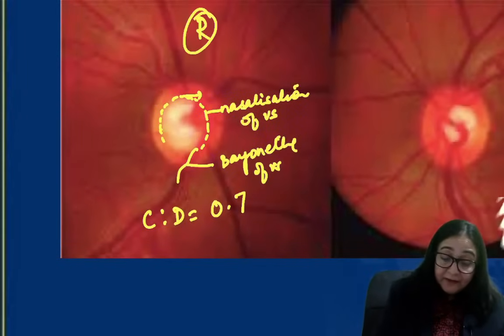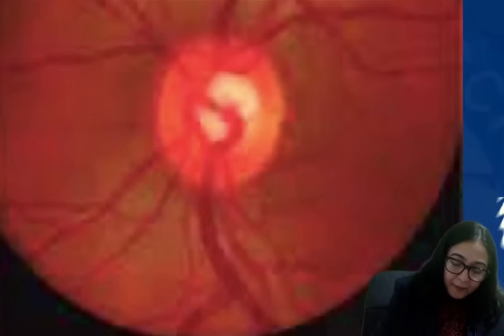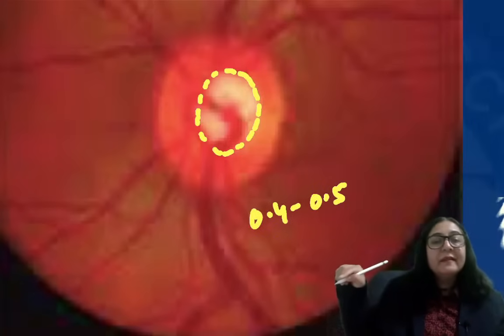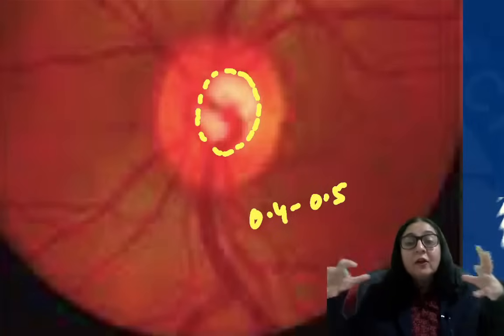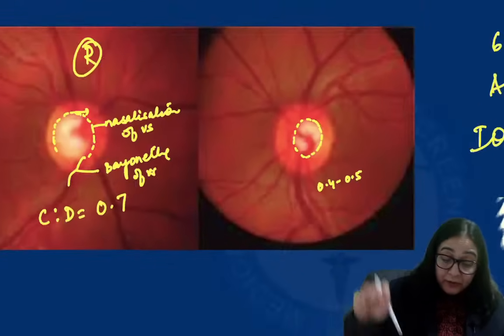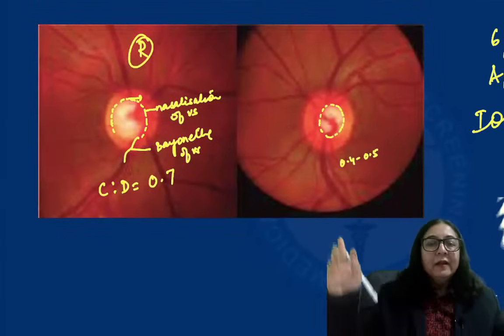Whereas in the left eye, if you see, the cup is about 0.4 to 0.5, you can say. So vessels are still not bayoneting because it's not such a large cup. Okay, so do you agree that this patient has glaucomatous optic damage?